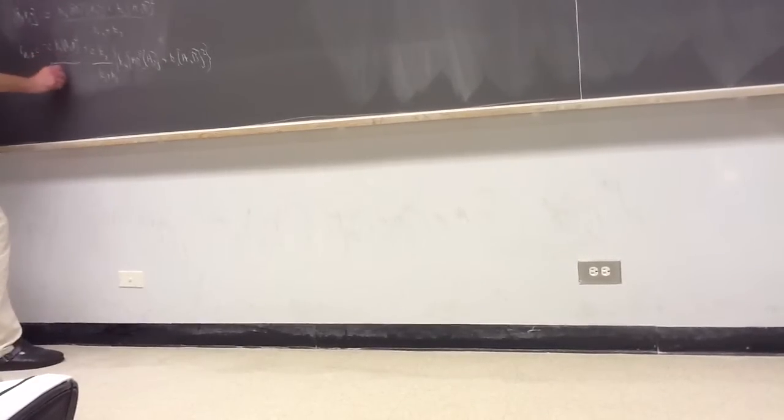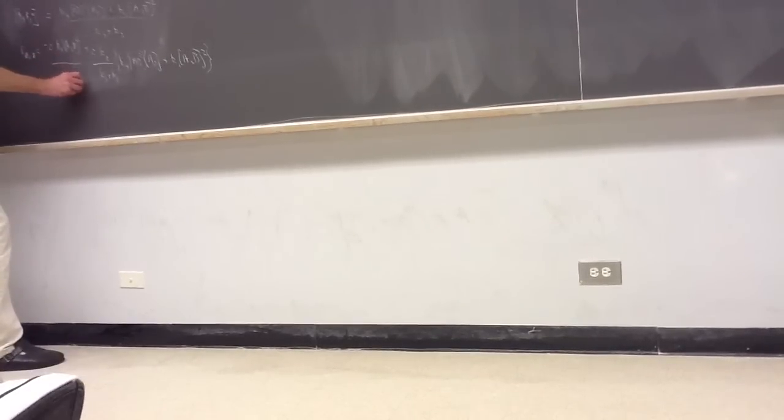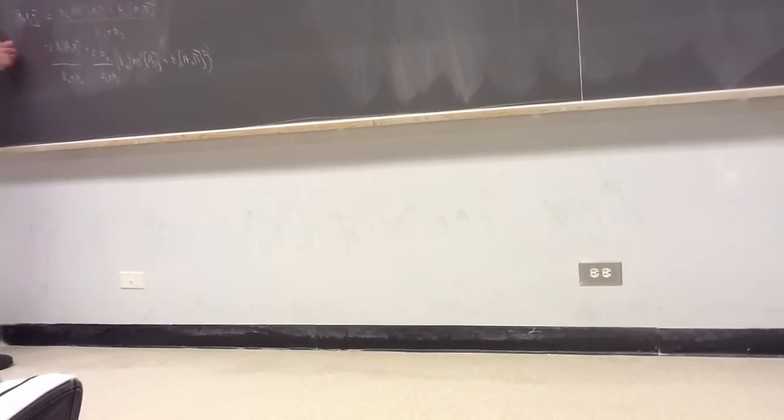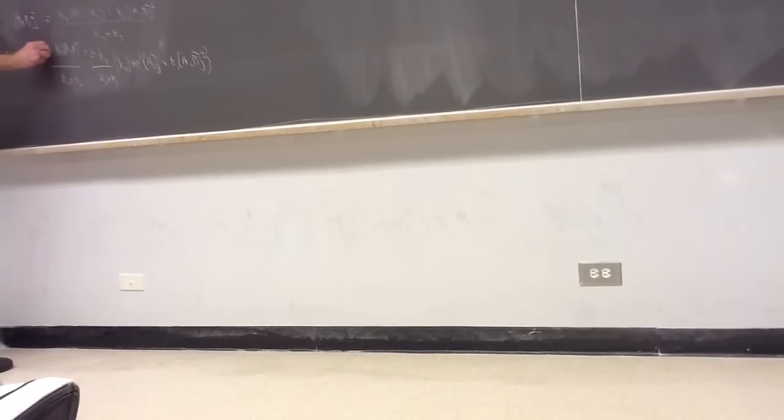And now I want to put the whole thing under a single denominator. So I'm going to multiply and divide this by K2 plus K3. So I multiplied and divided by K2 plus K3, and let's see what I can cancel.